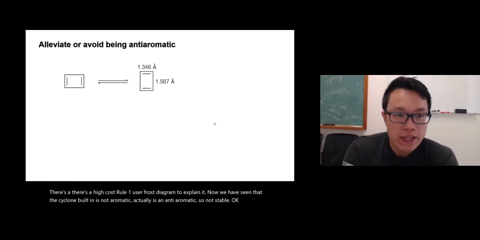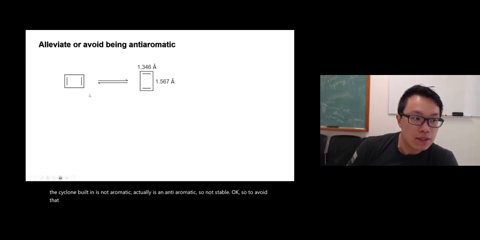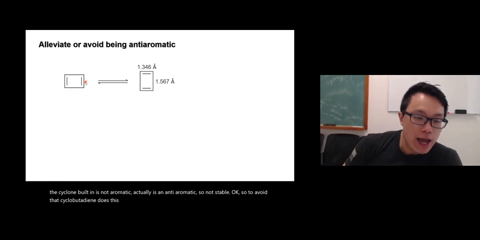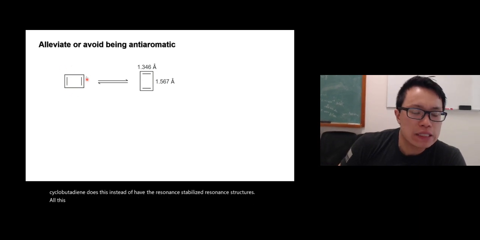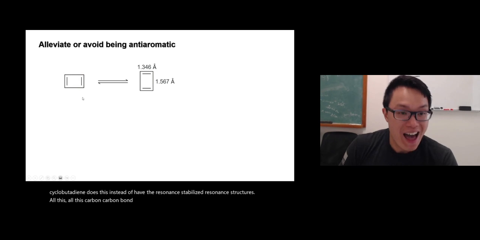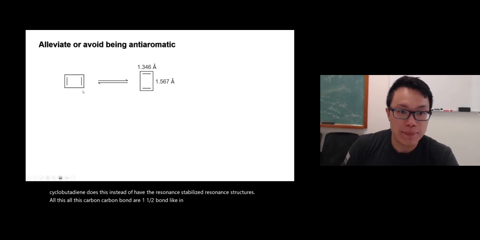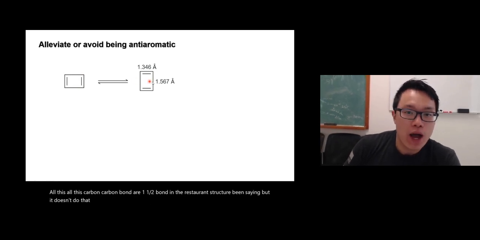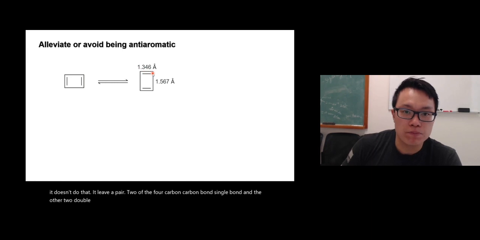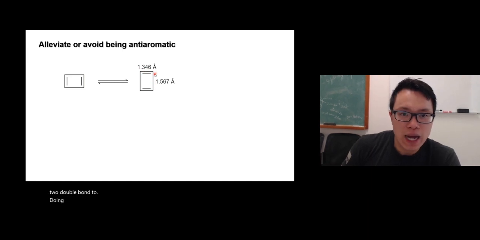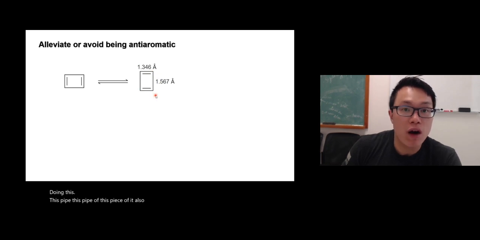So to avoid that, cyclobutadiene does this. Instead of having resonance structures where all the carbon-carbon bonds are 1.5 bonds, like in the resonance structure of benzene, it doesn't do that. It leaves 2 of the 4 carbon-carbon bonds as single bonds, and the other 2 as double bonds. By doing this, these p orbitals and these 2 p orbitals are not conjugated.